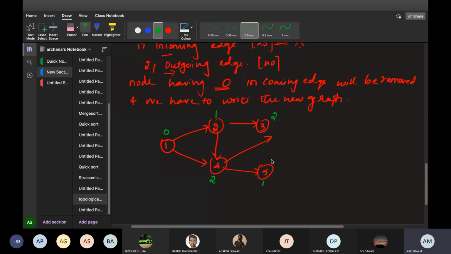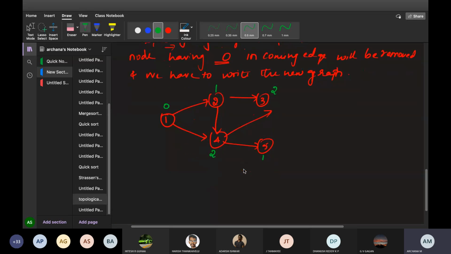Now, after writing the incoming edges like this, first we have to see which vertex is having 0 incoming edges, and that is removed.